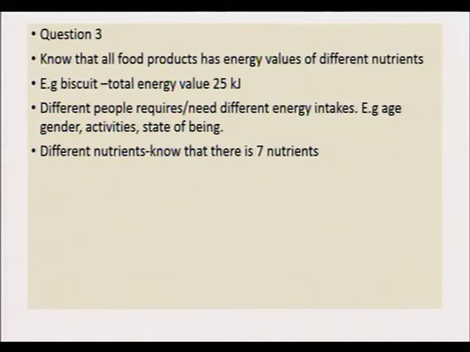You can also classify it further. For example, if I have to give an example of age, you can explain it in a way that you can say babies require less than teenagers. Gender, we are talking about males and females. Which one requires more energy? Will it be a male or will it be a female?